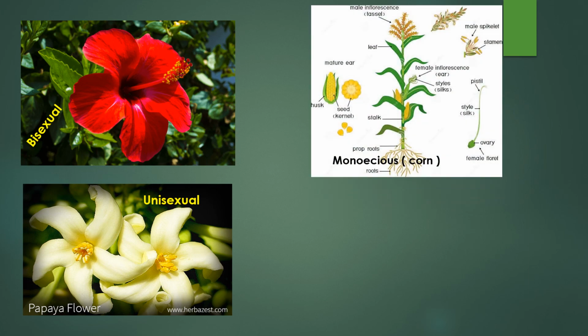And a monoecious plant is the corn, because at the apex of the plant these are the male flowers, and at the basal part of the plant it's the female. So in a common plant we get the male flower as well as the female flower. So it's a monoecious plant.